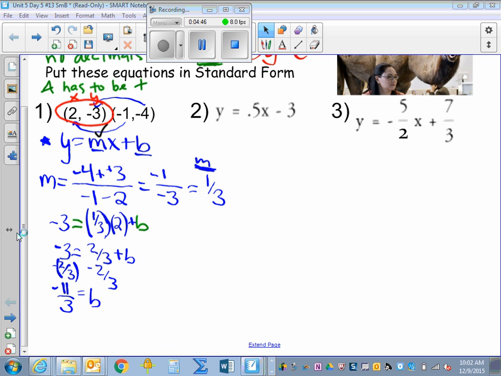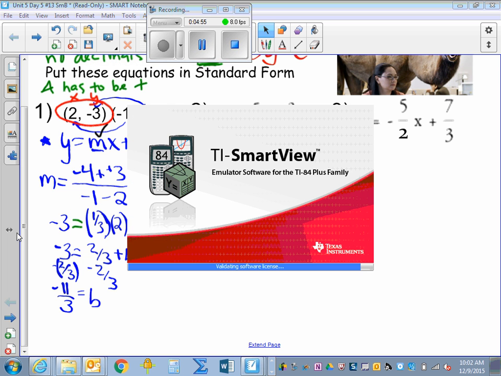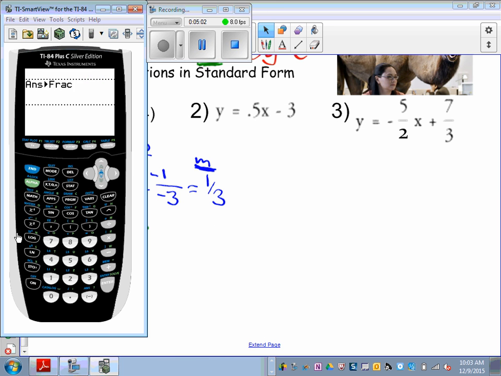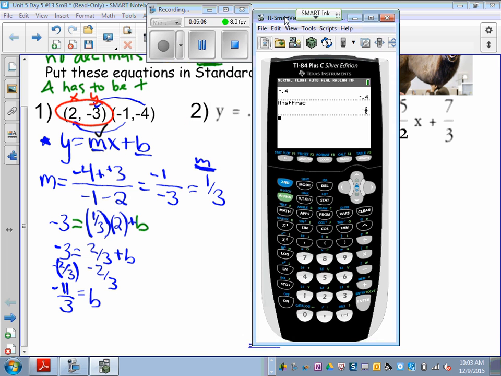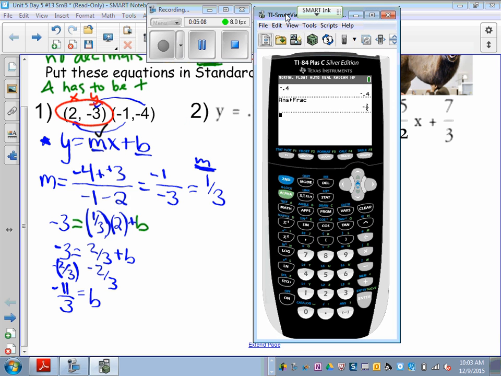Okay, -3. So change it to a fraction. So we have -3 minus parentheses 2/3.